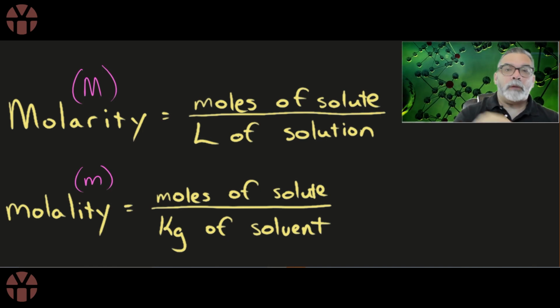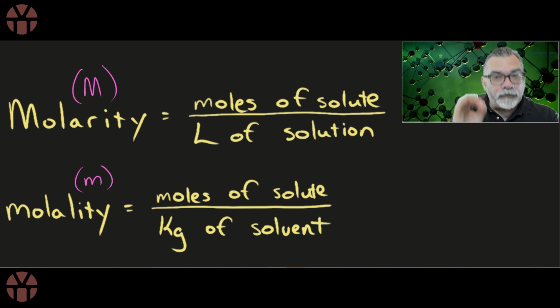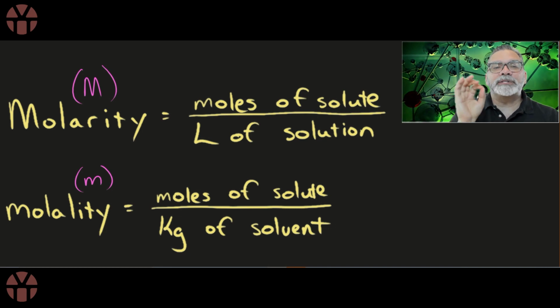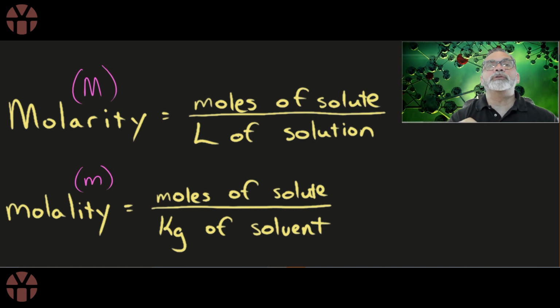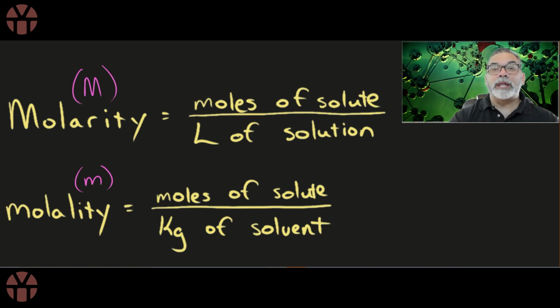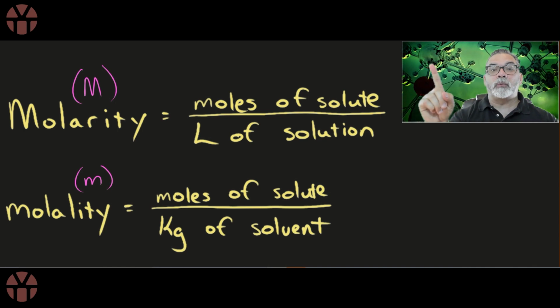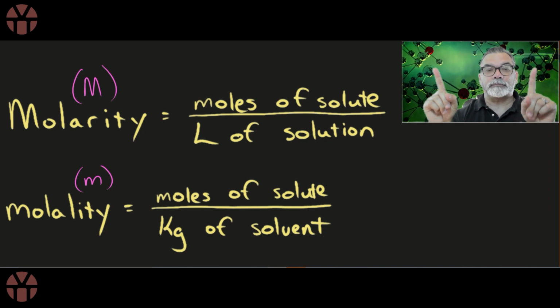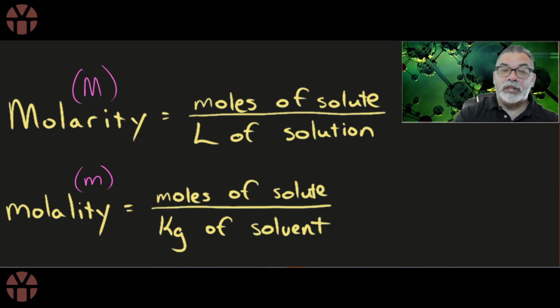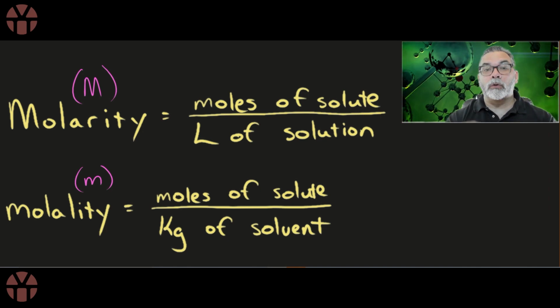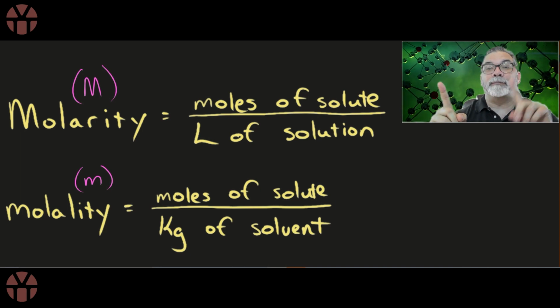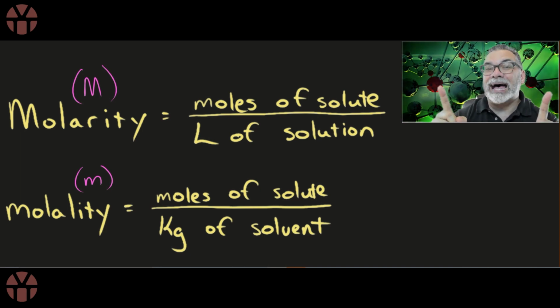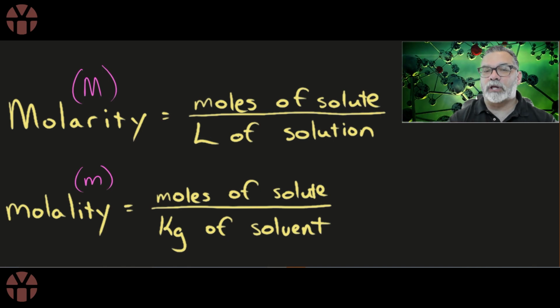Now, molality is different from molarity because in molality we are going to differentiate. We're going to separate my solute on one hand and the solvent, the thing doing the dissolving, on the other. Now again, the ratio, the relationship, is moles of my solute divided by kilograms, or mass, of my solvent.